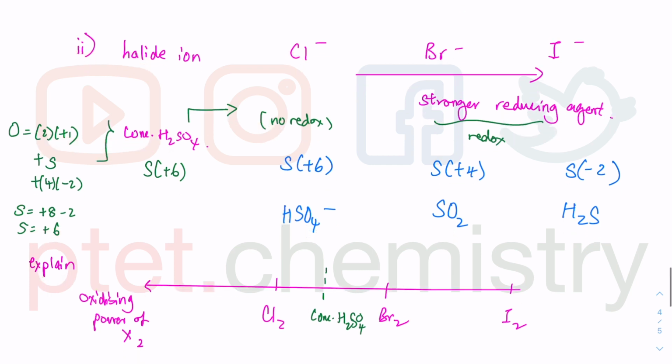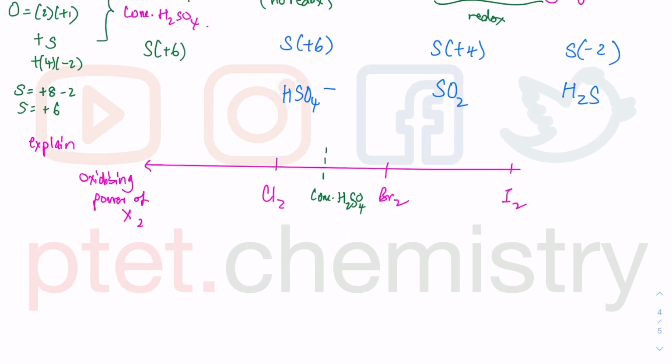Of course we can work it out from HSO4 minus. HSO4 minus is an ion, and the oxidation number of an ion is the charge of the ion itself, which is -1. Hydrogen is +1, sulfur, and then you have 4 oxygen, each of which is -2. So the sulfur there is going to be: move the +1 to the other side is -1, move the -8 to the other side is +8.